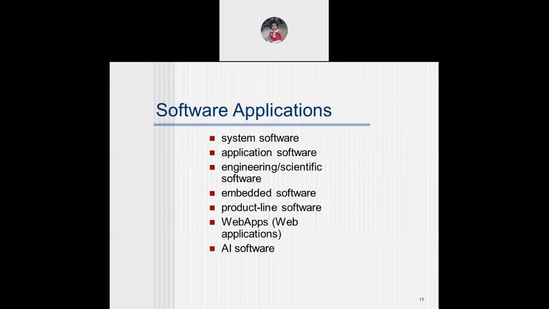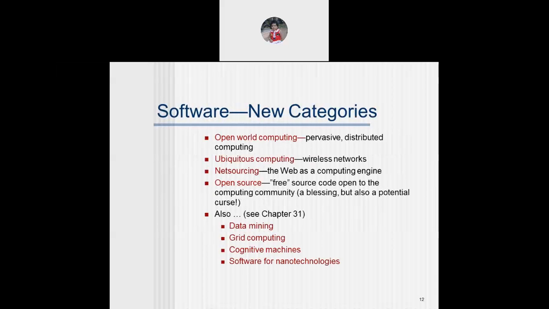What are the various applications of software? Software applications are system software, application software, engineering and scientific software, embedded software, product line software, web apps, and AI software. Now the new categories: here we are going to know about the new technologies released in the software field.